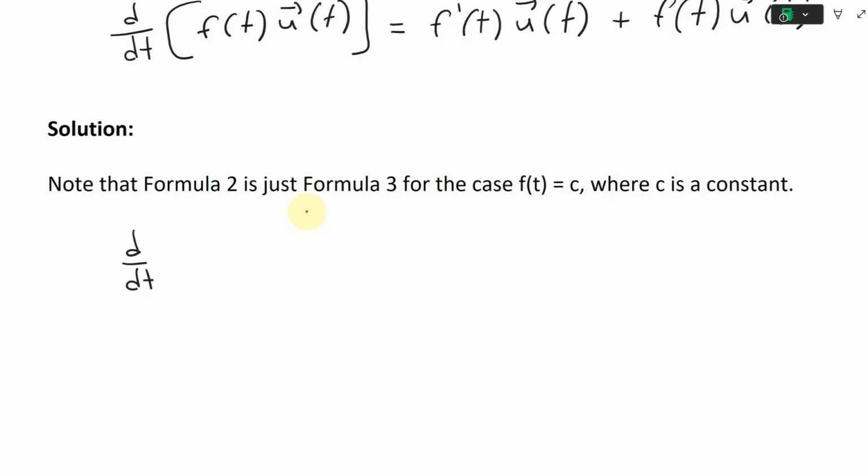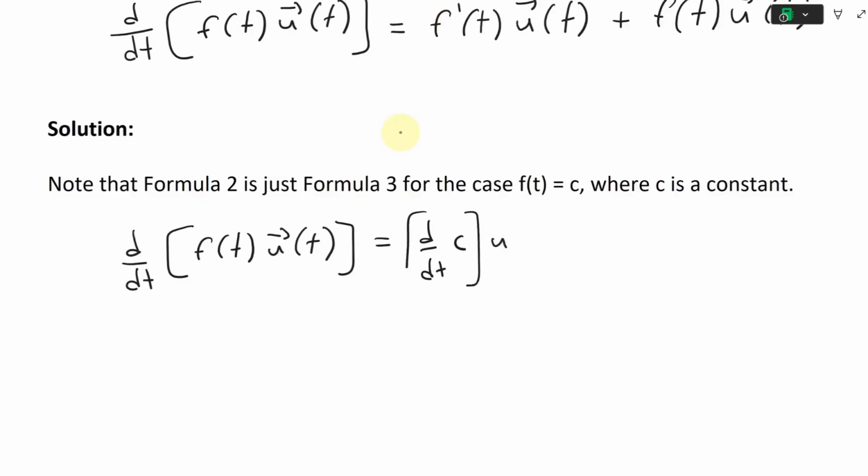So d over dt of f of t times u of t, this is going to be just formula 3. This equals the derivative f prime of t. In our case, we're going to be taking the derivative d over dt of the constant c, times u of t, plus the function f of t, which is just c, times u prime of t.